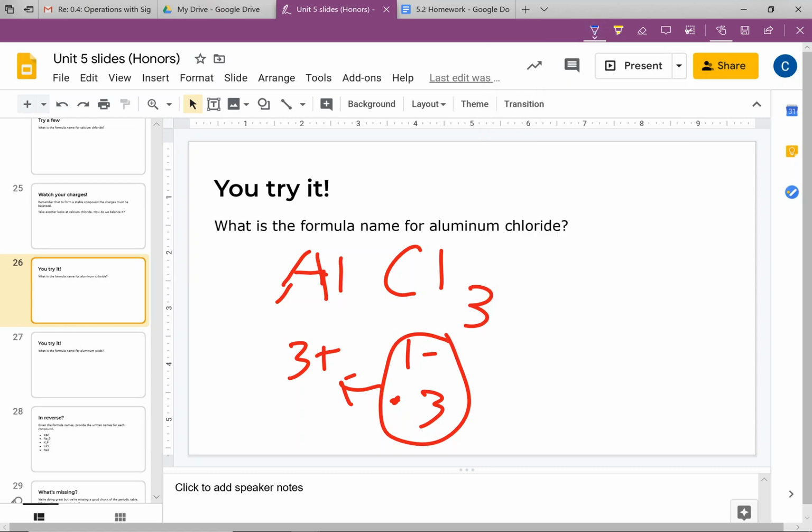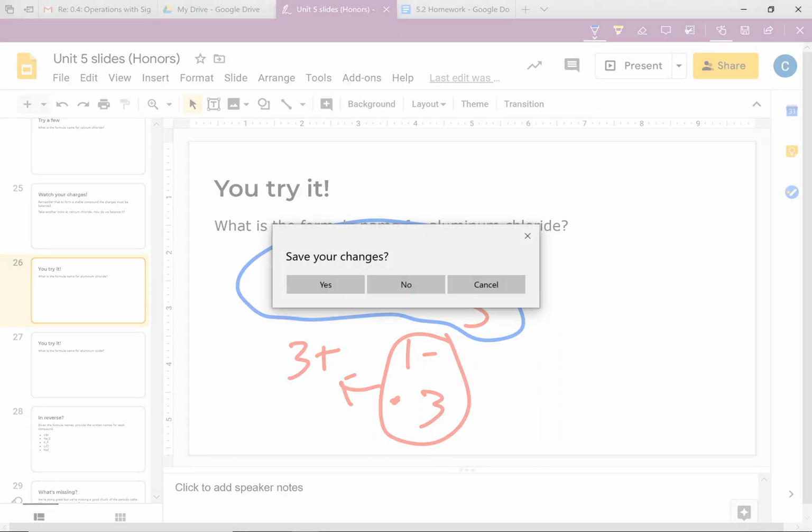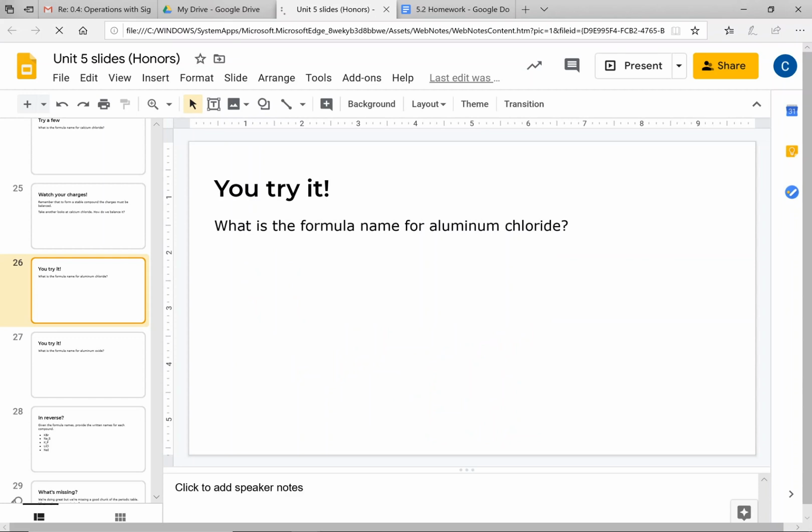So overall, this is our formula, right? AlCl3. Because we're saying we need 3 chloride ions for every 1 aluminum in order for it to be a neutral charge. We're going to practice one more here.